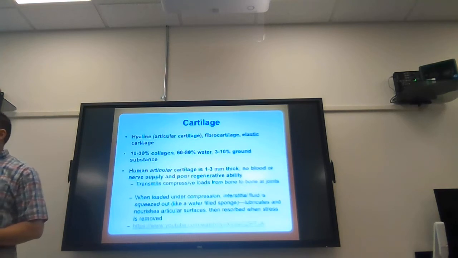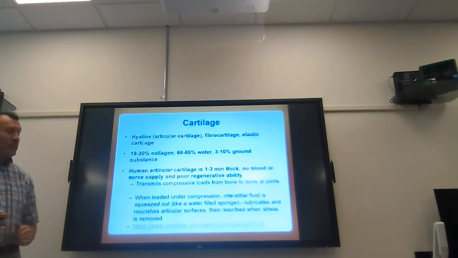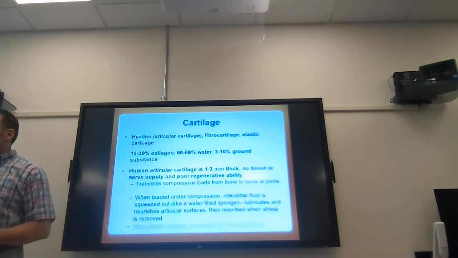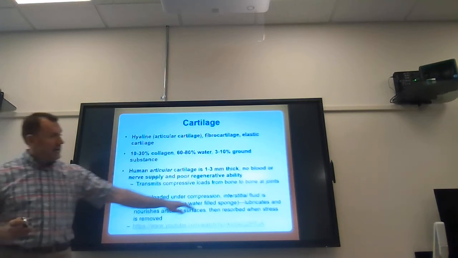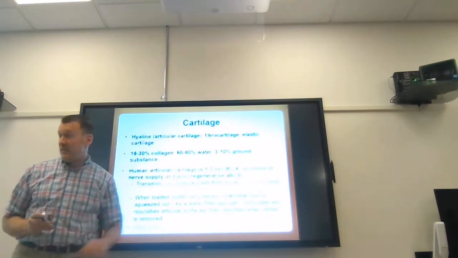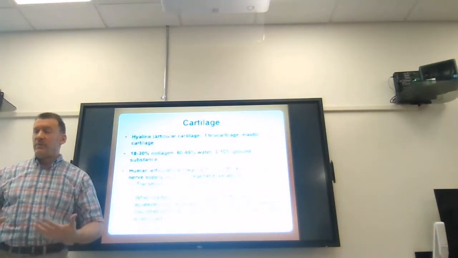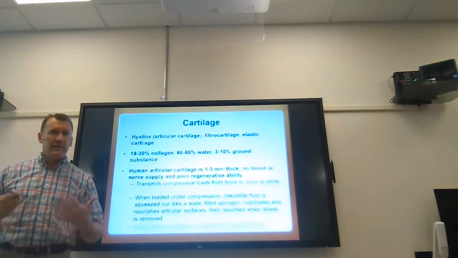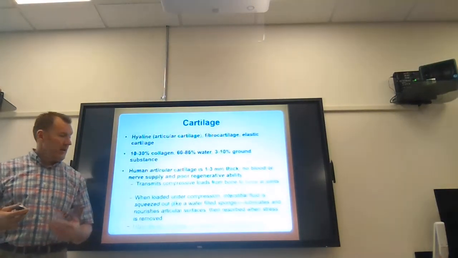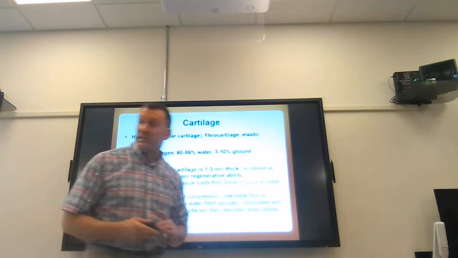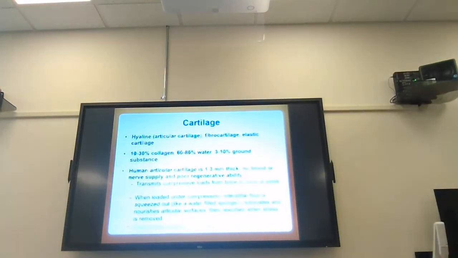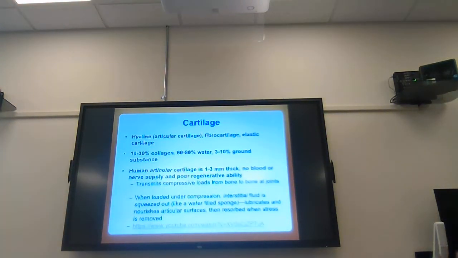It has a role in transmission of force between articulating bones. But again, it relies on interstitial fluid to supply oxygen and glucose to meet its metabolic needs and to maintain itself. So I have just this little presentation here on cartilage, so we'll watch that now.